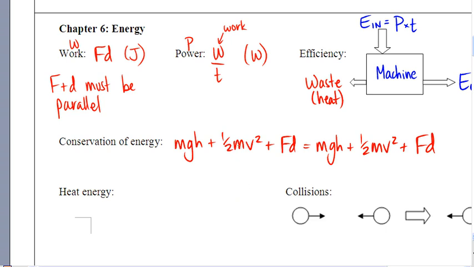The left-hand side is sort of your before side, before some event, and the right-hand side is after. These two sides, the energy is equal because we can't create or destroy energy. We just transform it from one type to another. So you want to ask yourself, does the object start on a hill or in the air?